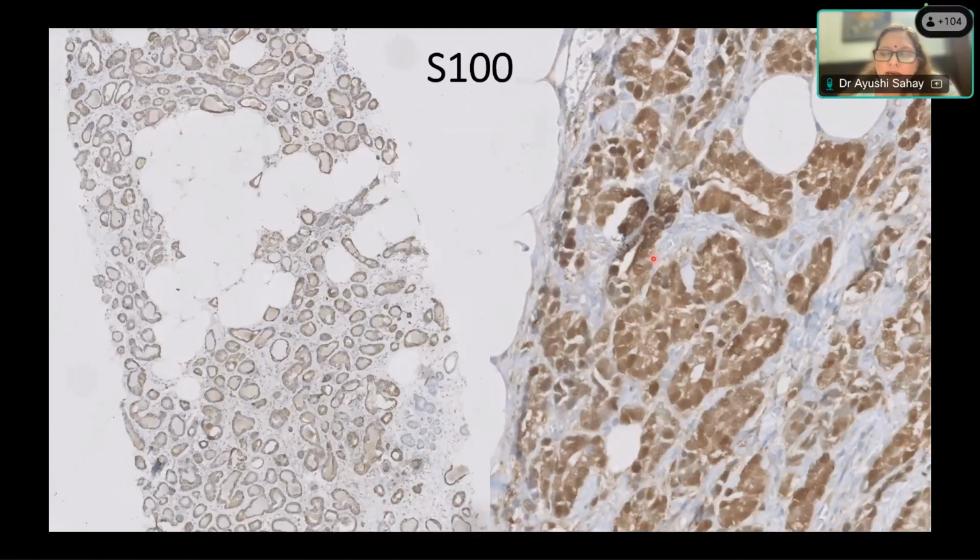And then, as you said, we have done an S100. Now this S100 is diffusely positive. So Anthony, what would you call this? Microglandular adenosis. Why not a secretory carcinoma? Ma'am, secretory can also be strong positive for S100. But morphologically, the cells are very bland looking.